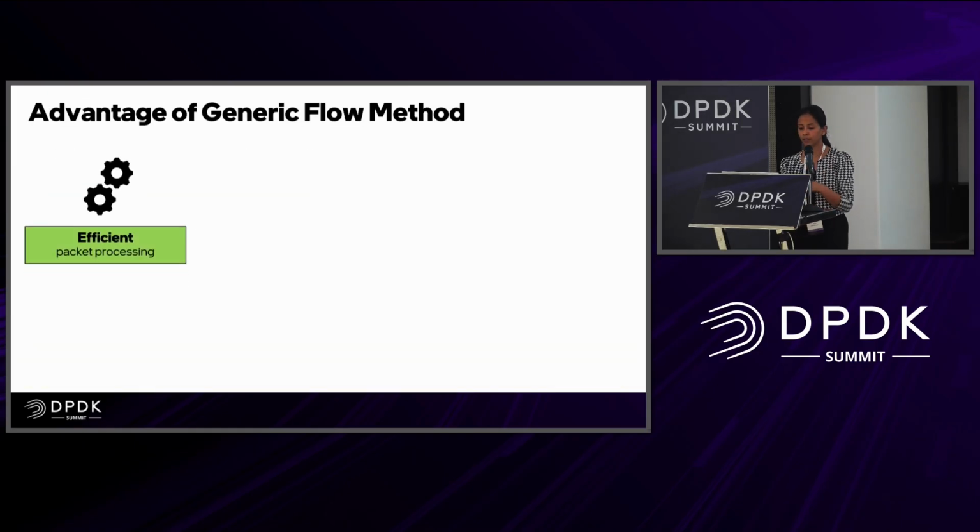Again, the advantages of the generic flow method, Lucas and Adam have already covered in their presentations, so I won't go into much detail, just a quick summary. First, efficient packet processing, because now you can offload your flows on the hardware, so you have a better line rate.